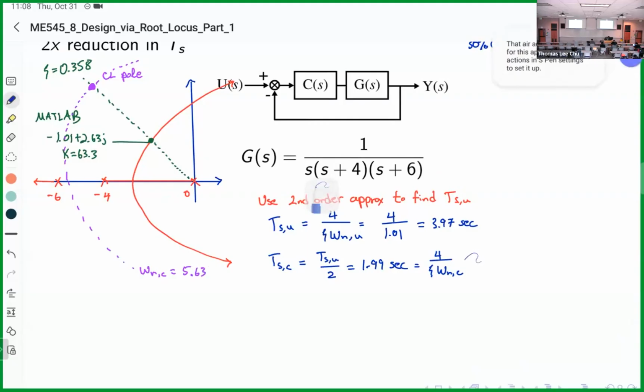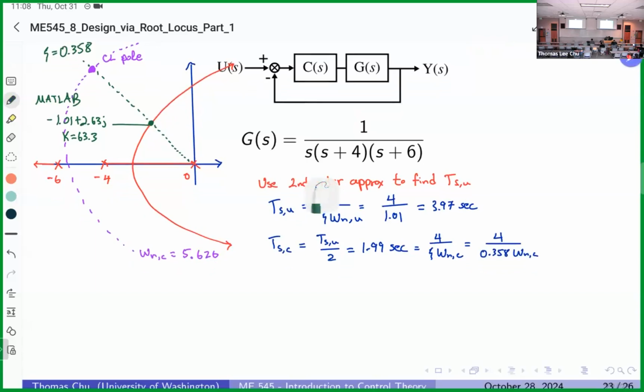I calculate that because I just plug in 4 over 0.358 times omega n c. I'll add more sig figs: 5.626 radians per second. So when we look at that root locus plot, we're looking at that constant natural frequency line, and we look at that intersection point with the constant damping ratio line, and that's where our closed loop pole will be.